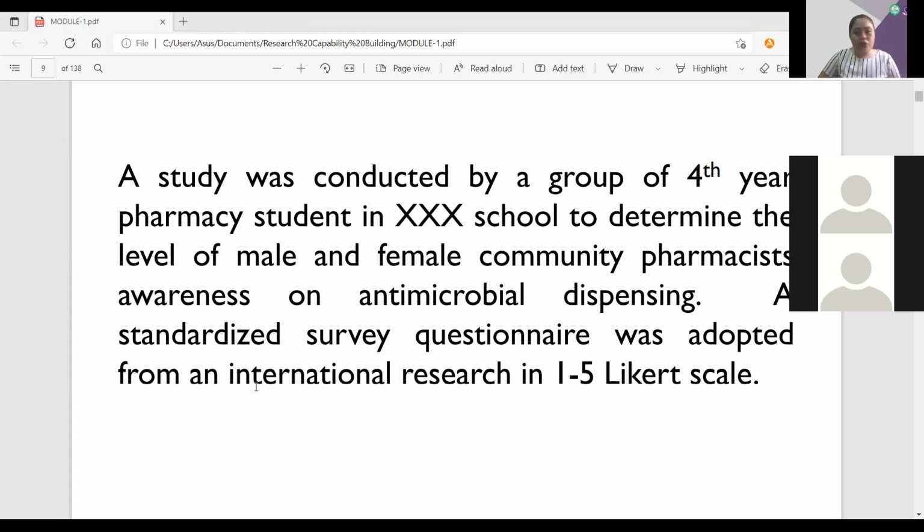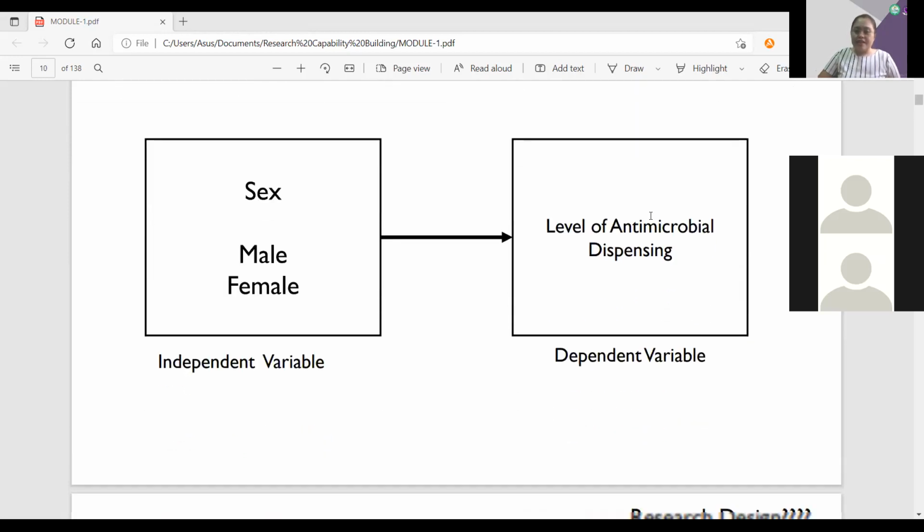So what are we going to look at for this study? Determine the level of male and female community pharmacists' awareness on antimicrobial dispensing. If you are going to draw the conceptual framework of this study, the independent variable will be male and female.